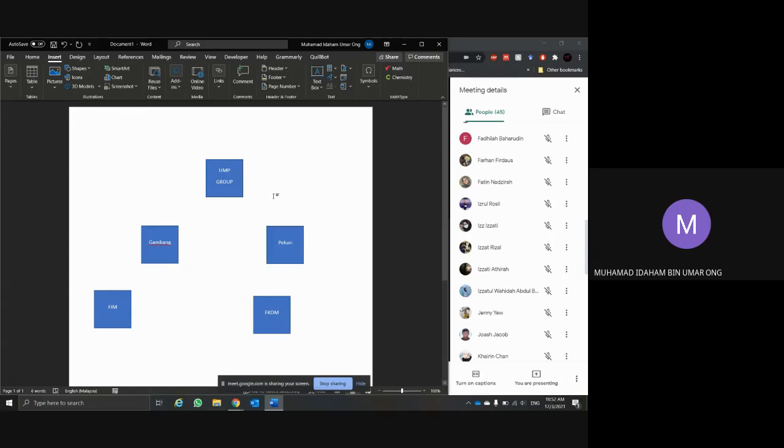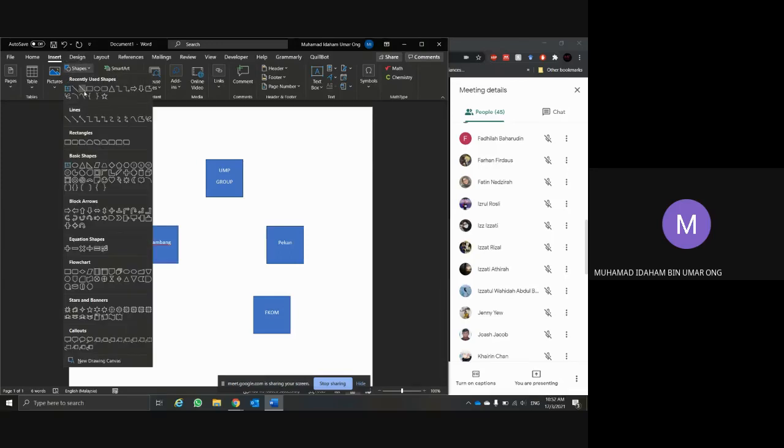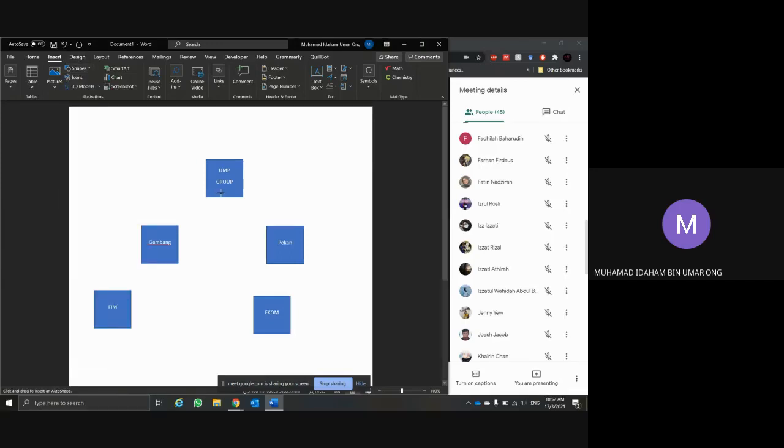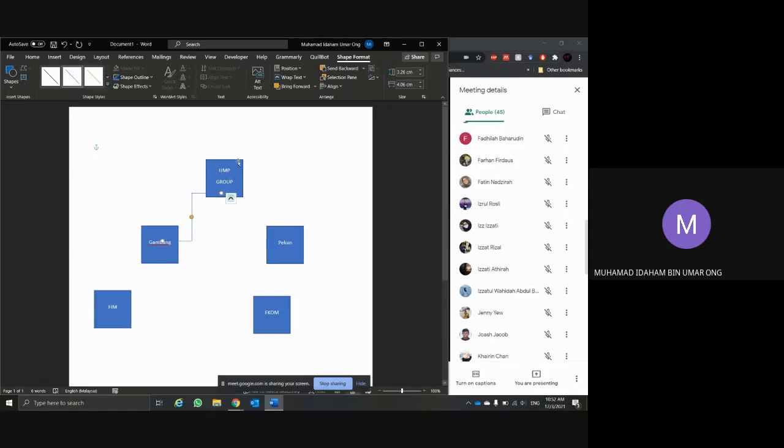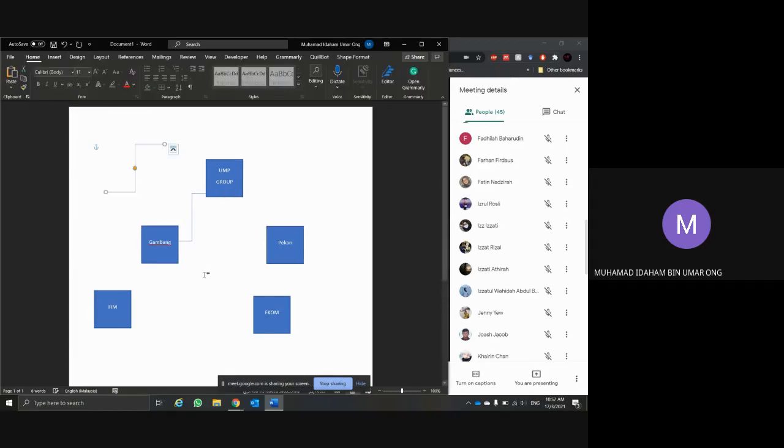Maybe you can utilize this next time. So this is one way of defining an organization if they are implementing a new ERP with the help of SAP.